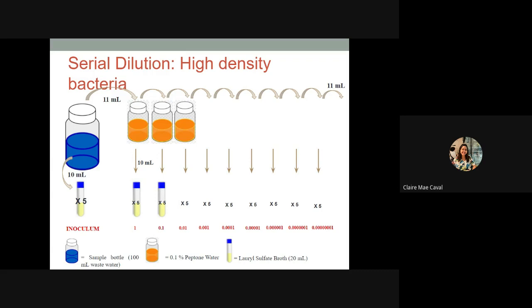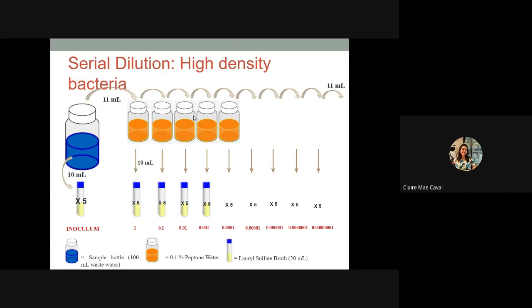But from the sample to the lauryl sulfate broth or from the peptone to lauryl sulfate broth, that is 10 ml. So I hope you get the process. Again, domino lang siya class. From the sample, you transfer 11 ml to peptone water, then 10 ml to their respective lauryl sulfate broth. Dito naman, transfer again 11 ml, tapos 10 ml from this peptone to another set of 5 lauryl sulfate broth.